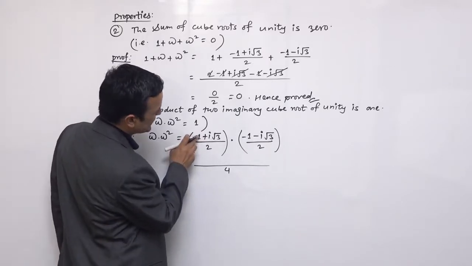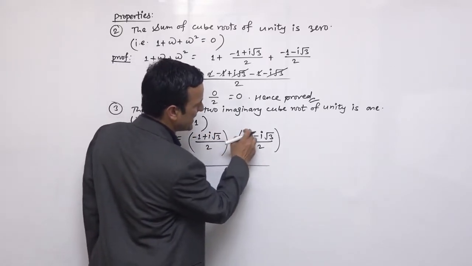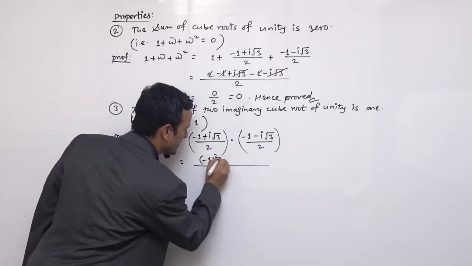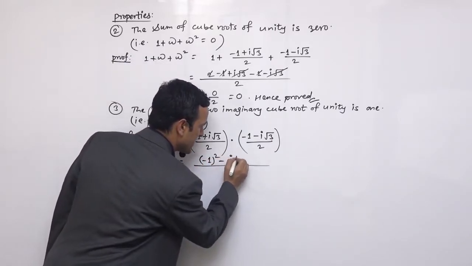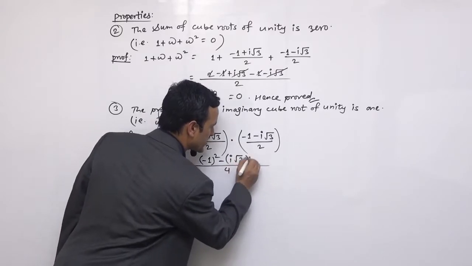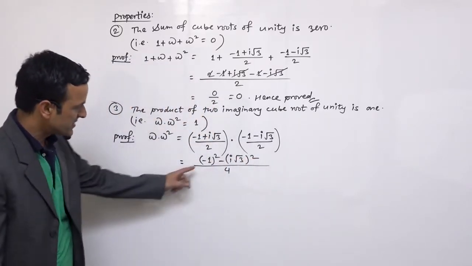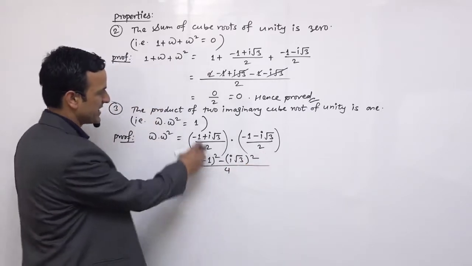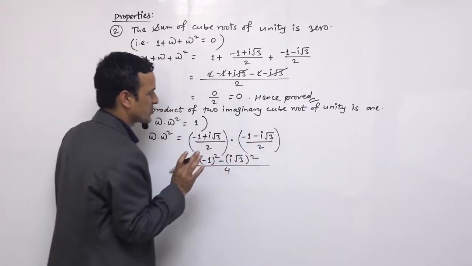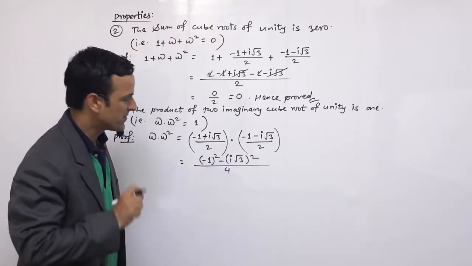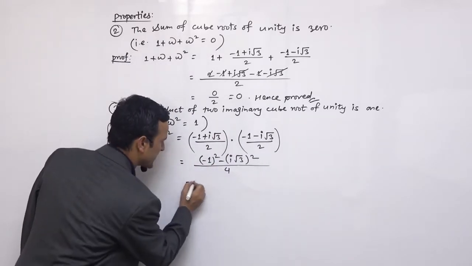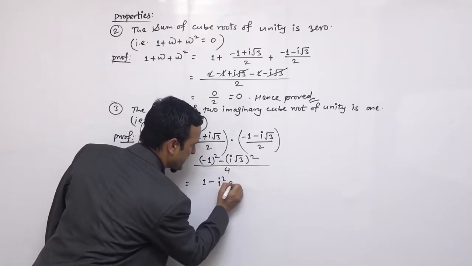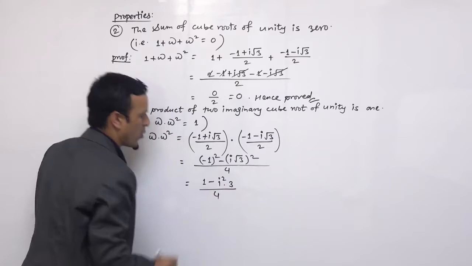And numerator we can see a plus b and a minus b. That means minus 1 square minus I root 3 square. This is a square minus b square. Because here is a plus b, here is a minus b. So we can use algebraic formula. Now let's solve it. 1 minus, it is I square and it is 3 divided by 4.